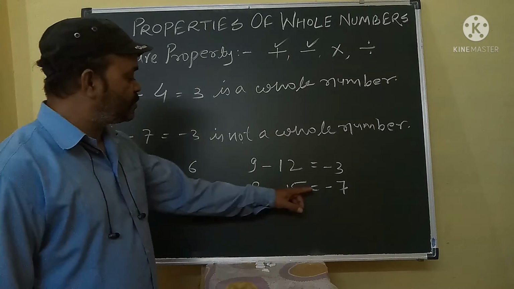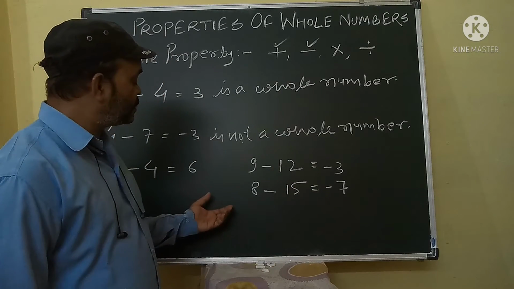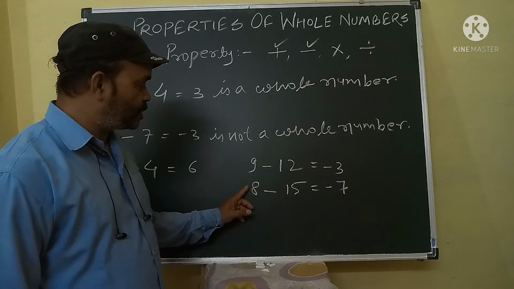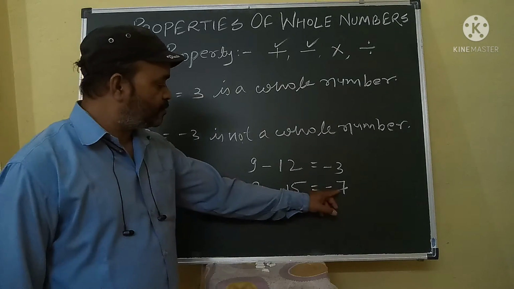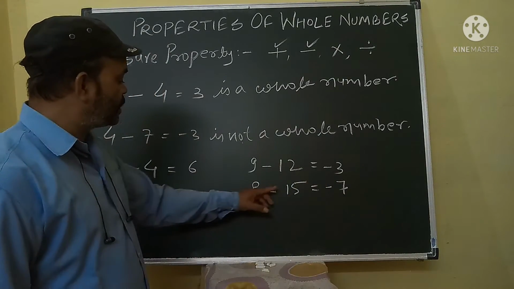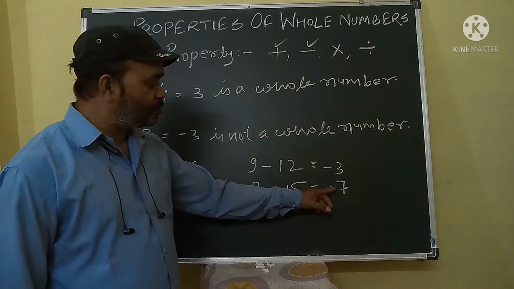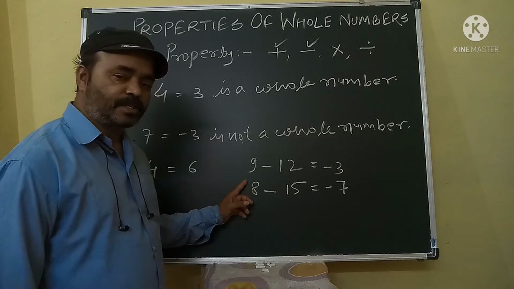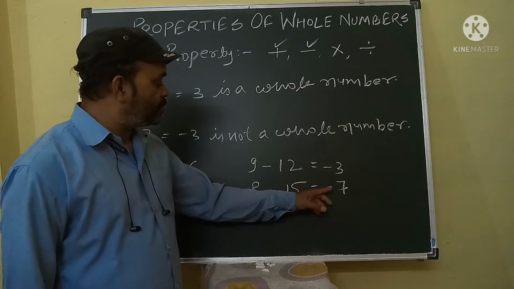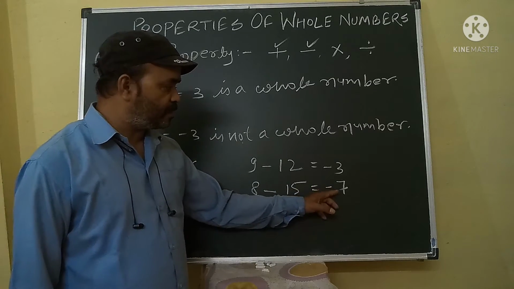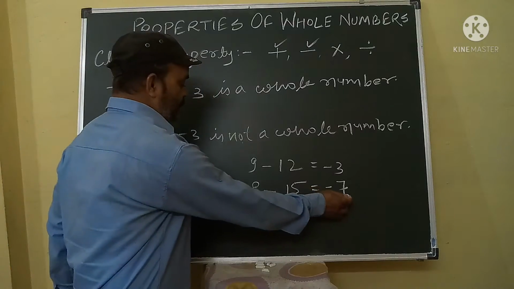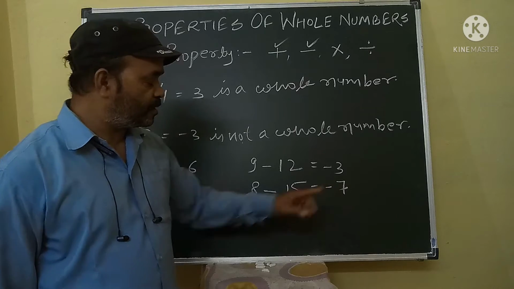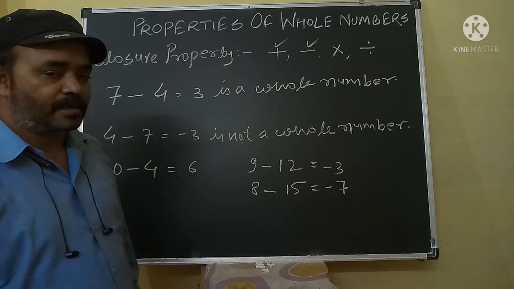In this example, the bigger number is subtracted from the smaller number, and then you will always get a negative number. That is minus 7. So minus 7 is not a whole number.